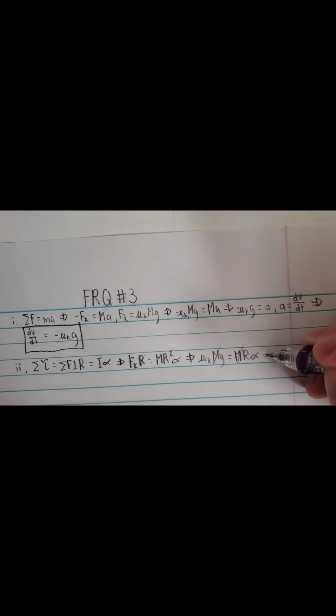Now I can also cancel an m, so I'm left with mu k g is equal to r times alpha. Okay, I want to isolate for alpha, so I'm going to divide by r. So mu k g divided by r is equal to alpha.